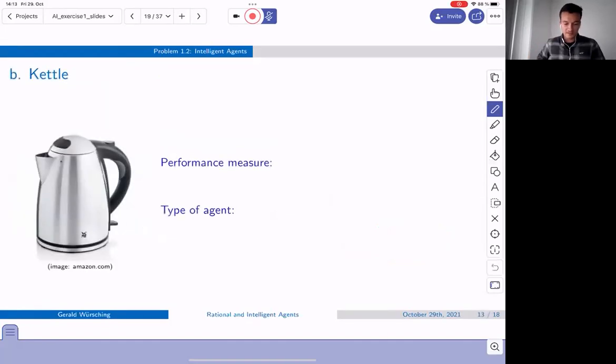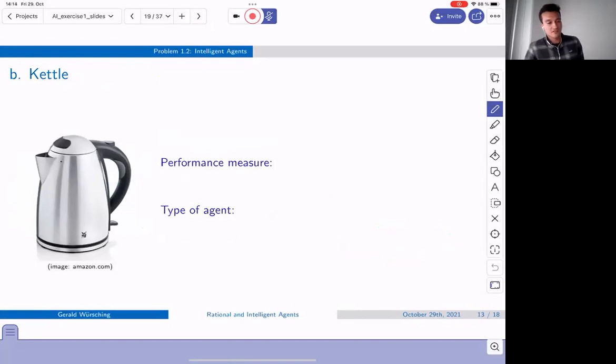Okay, then let's continue with the next example. So again, performance measures for a kettle or a water boiler. What would they be? Yeah, temperature, time to boil, low power consumption, energy consumption. Yes, it's basically all correct.